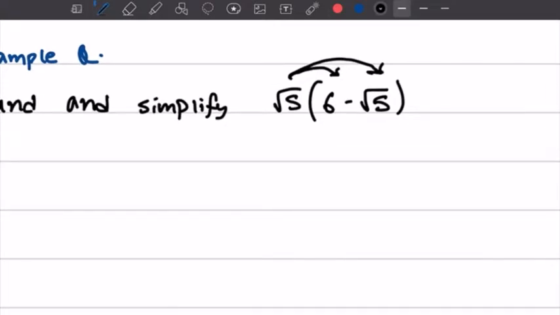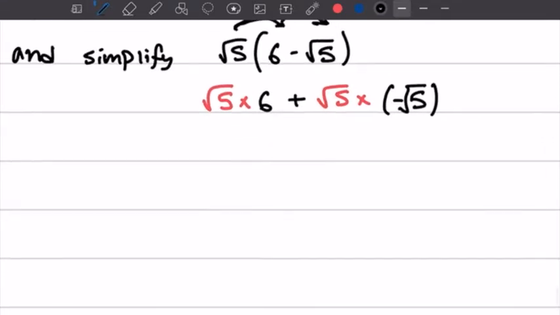So what do you get when you do that? You have root 5 times 6 plus root 5 times negative root 5. So what is root 5 times 6?